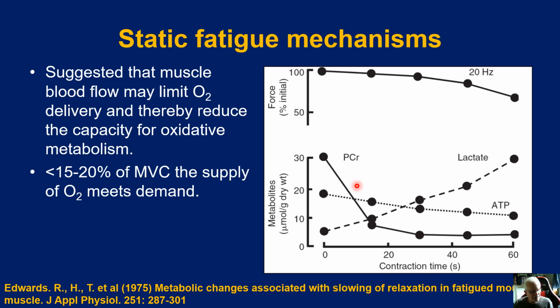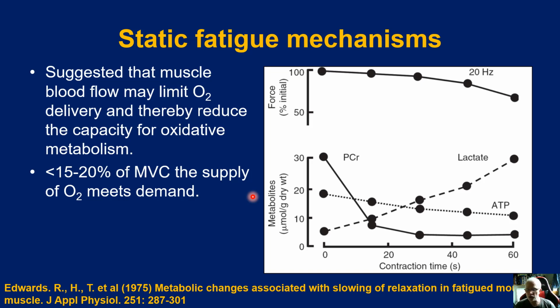Well, this is where it perhaps starts to become apparent. If we get somebody to do a maximal voluntary contraction, which again is isometric, but we get them to hold it at around 15 to 20% of the MVC, so they're holding the muscle statically but only working at about 15 to 20% of the maximum force they can produce, what we see is there is no limitation through oxygen availability.